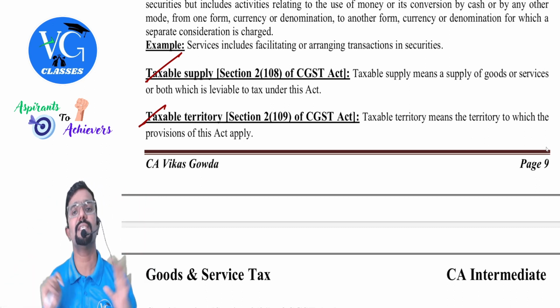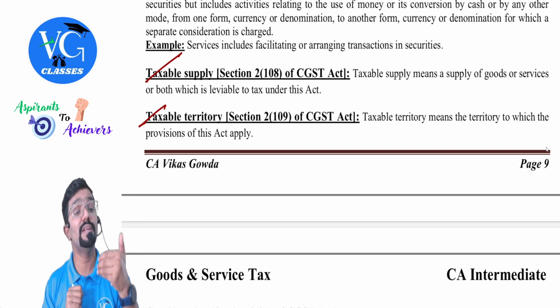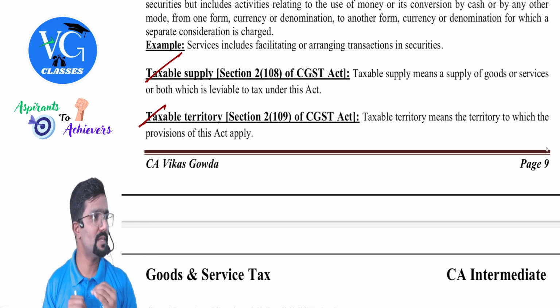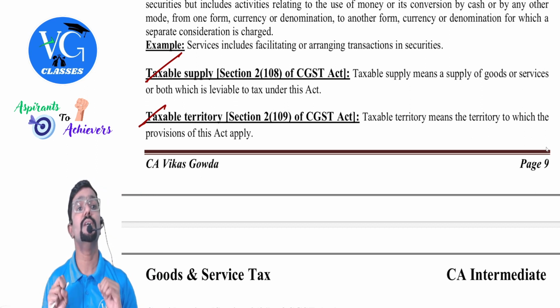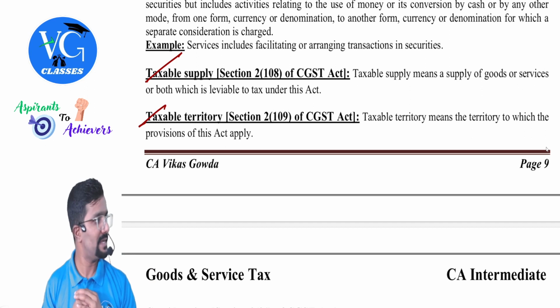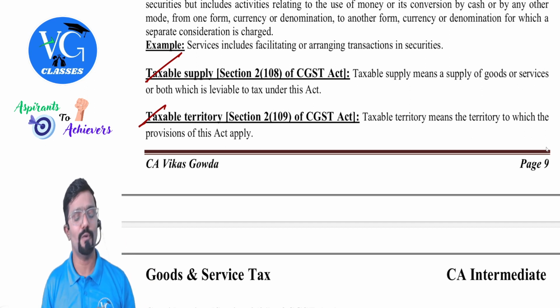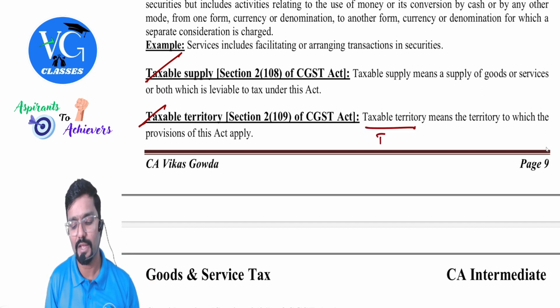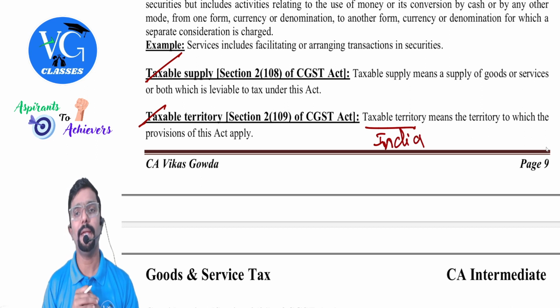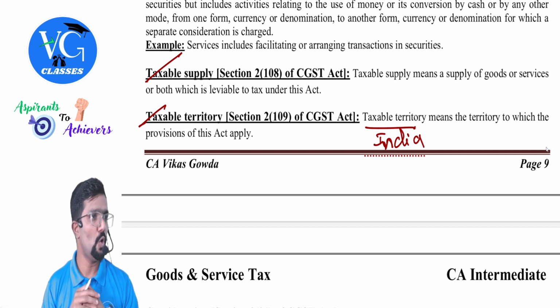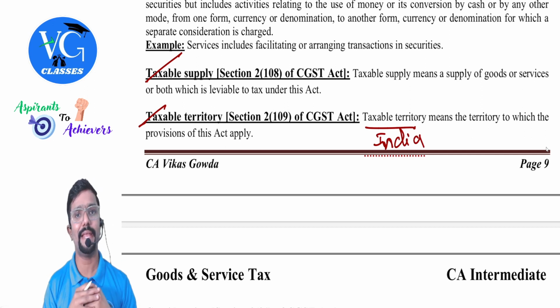Actually, section 9 is the charging section for GST, which we will be learning in the next chapter. In this chapter, our focus is only on section 7 and 8, guys. Clear? So as of now, taxable territory means you can just tell India. What is India? They have defined it. We will take care of it.